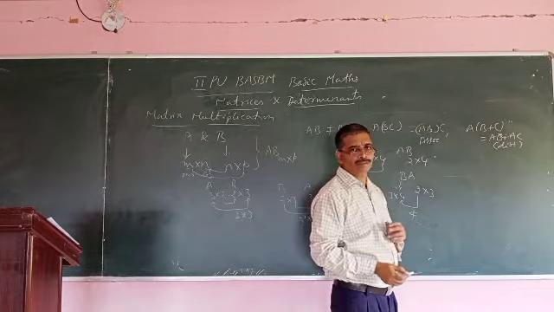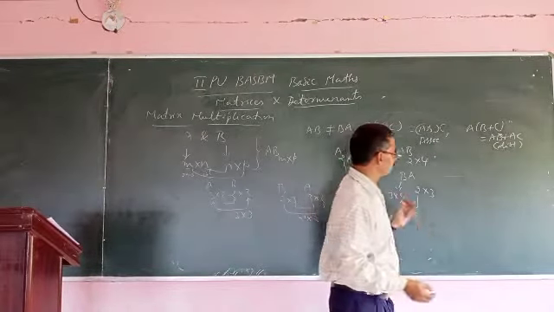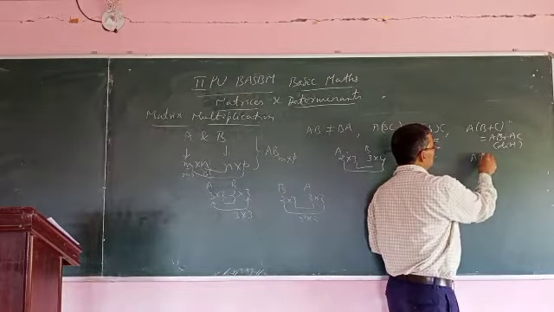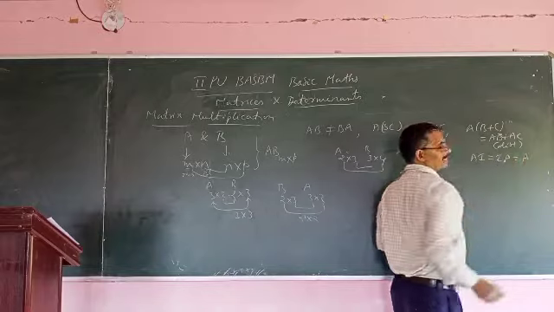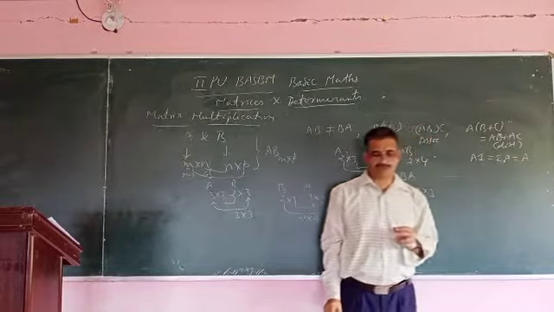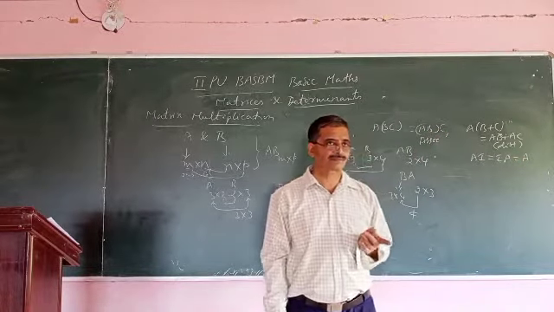Then one more thing is A into I equal to I into A equal to A. What is I here? Capital I stands for identity matrix.